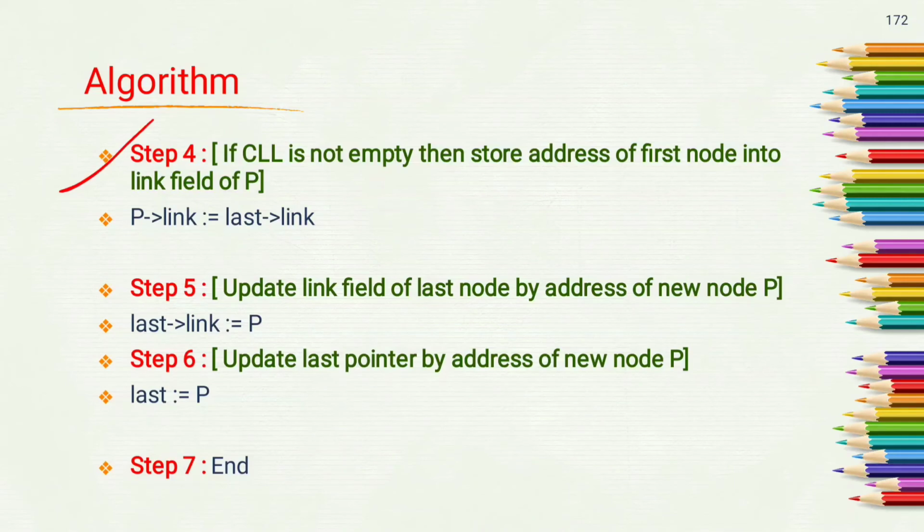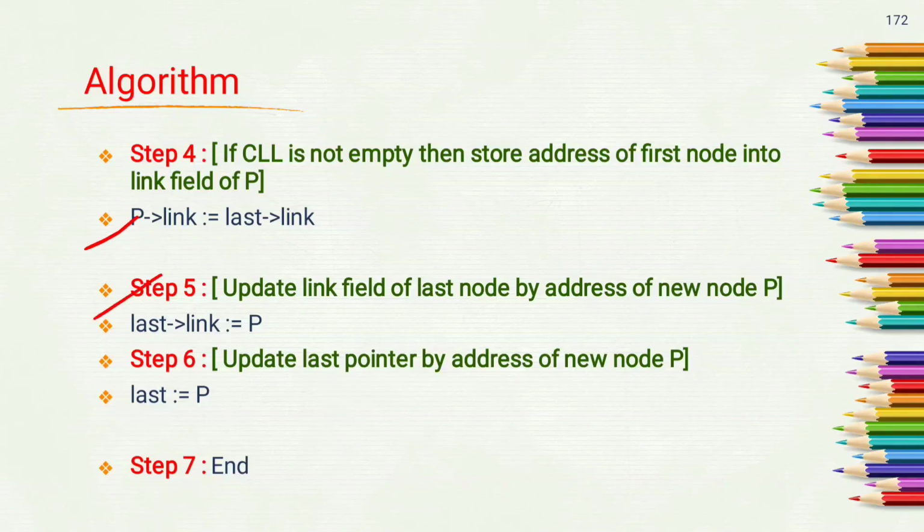Step 4 is, if circular linked list is not empty, then store address of first node into link field of P. As this P node will become the last node of circular linked list, so we know that link part of last node always contains the address of first node. So we have to store address of first node, that is last arrow link, into link part of P. So we have to write P arrow link equals to last arrow link.